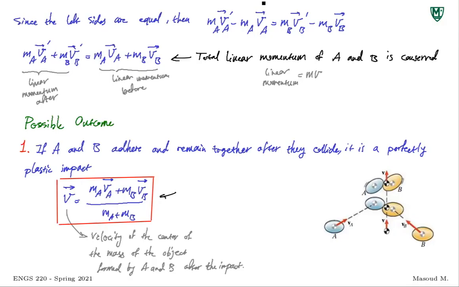That's one possibility, depending on what kind of material those are made of and the way they hit each other. If that's the case, then before impact we have two objects, after the impact we have one, and that one particle or rigid body is just going to be moving with some velocity.